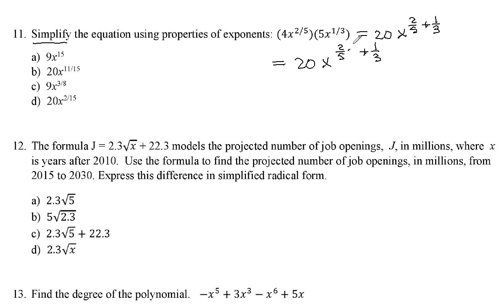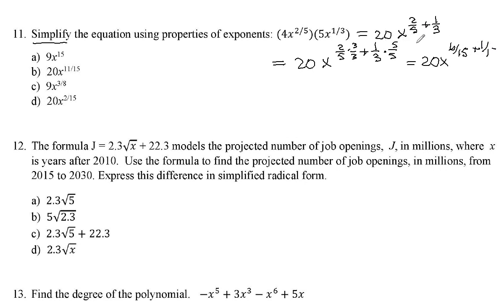So here we'll multiply top and bottom by 3 over 3, and in this piece multiply by 5 over 5. So now this is 2 times 3, 6 fifteenths plus 1 fifteenth. So this is 20x to the 6 fifteenths plus 1 fifteenth.